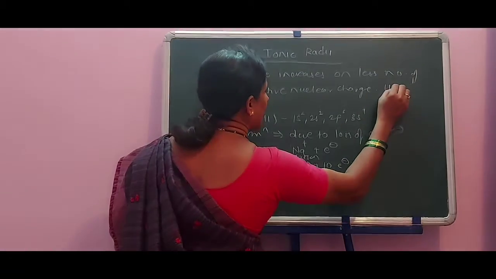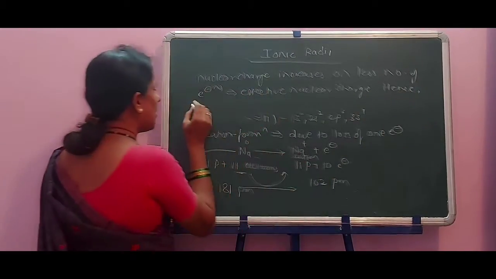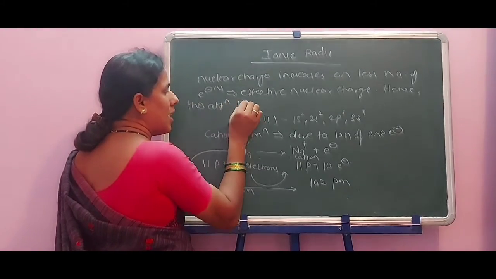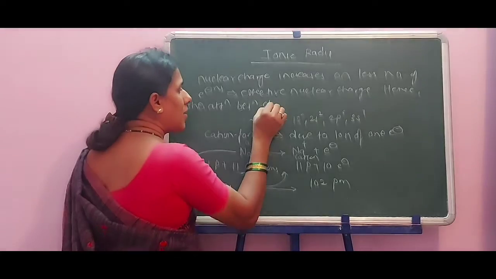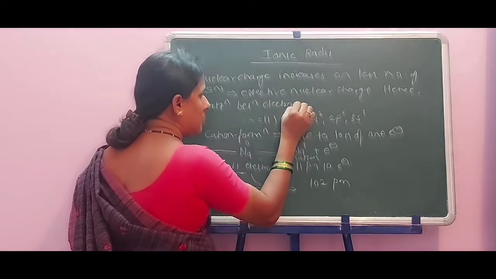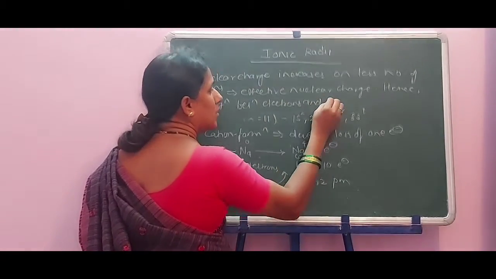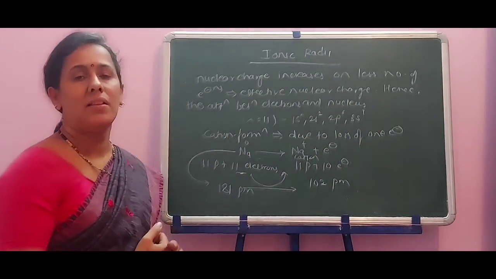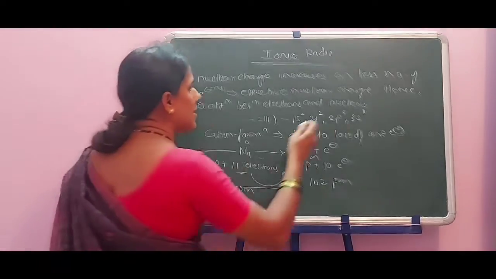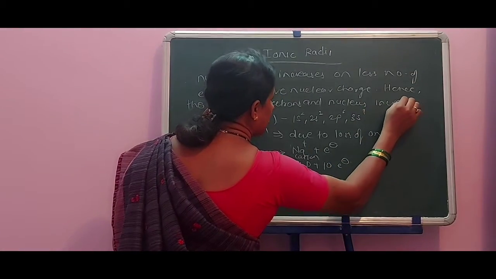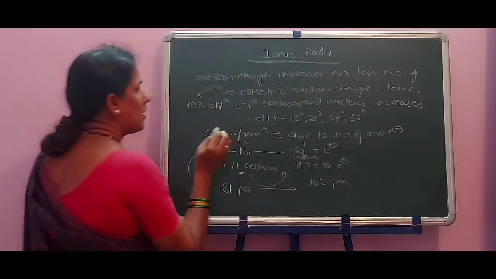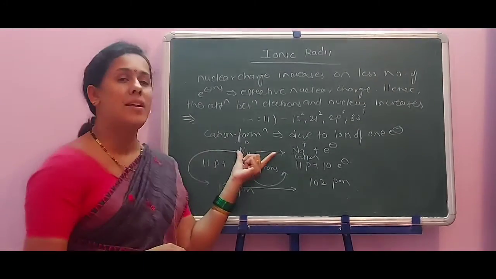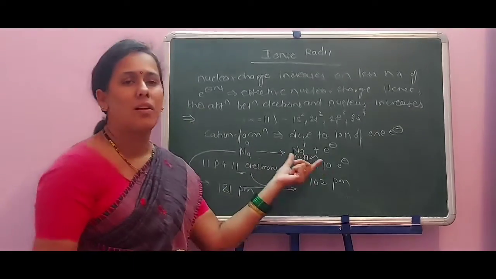Hence the attraction between the electrons and nucleus increases, and this is the reason due to which the radius of a cation is smaller than that of an anion.